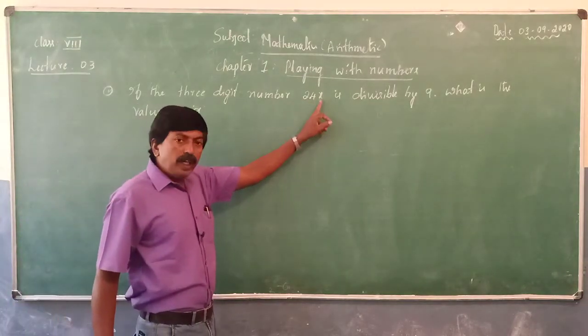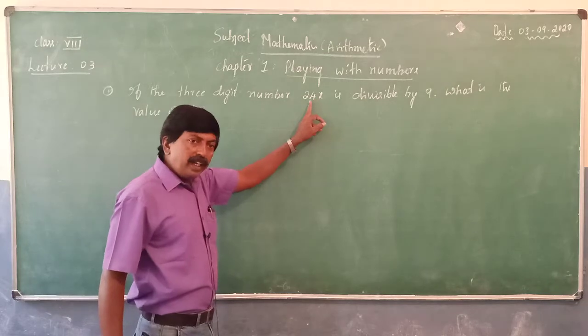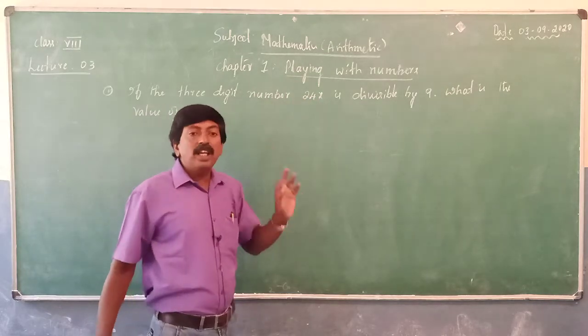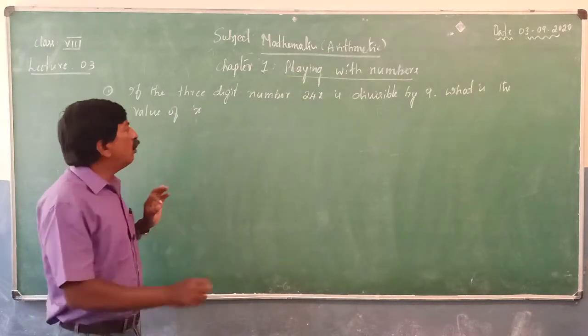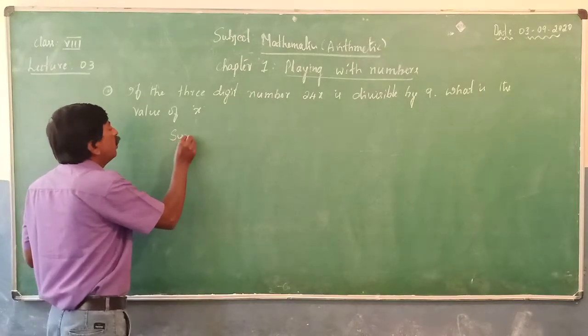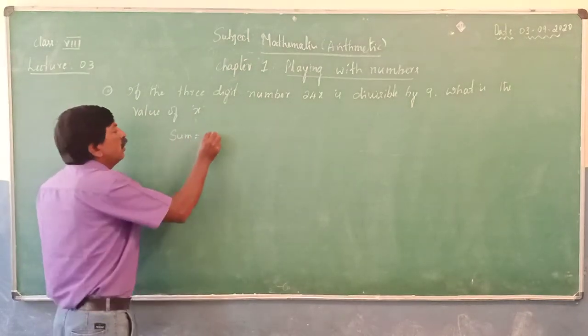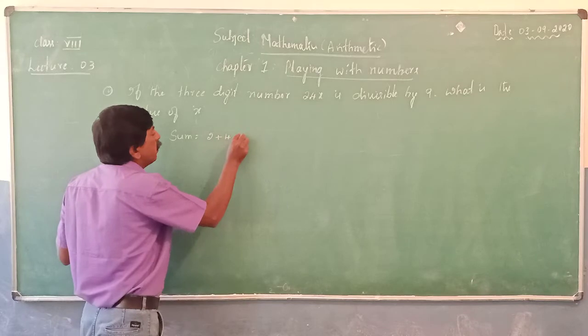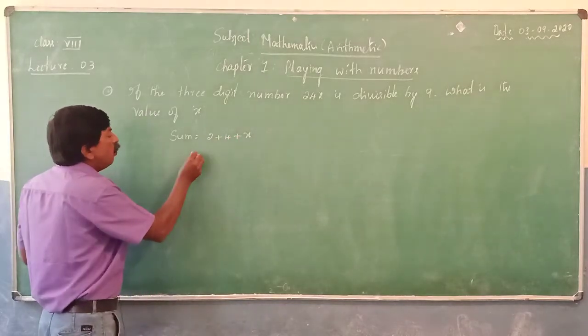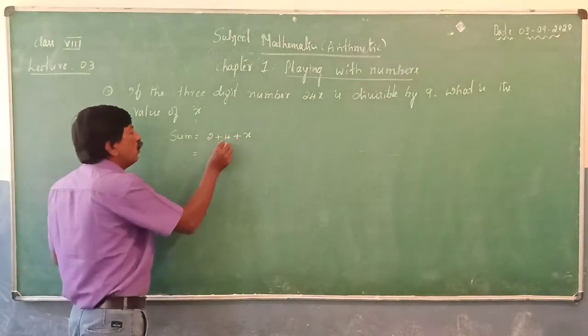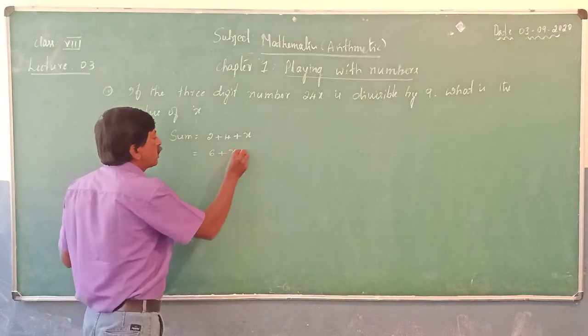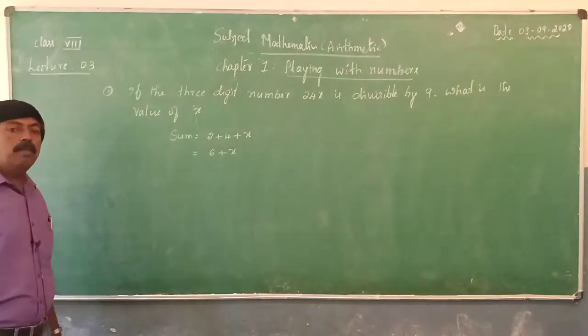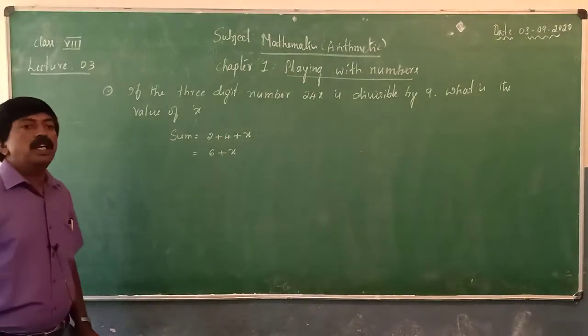x is there in the unit place, 4 is there in the tens place, and 2 is there in the hundreds place. We have to find the sum of these digits: 2 plus 4 plus x, which is 2 plus 4 is 6, plus x. Now we got 6 plus x.